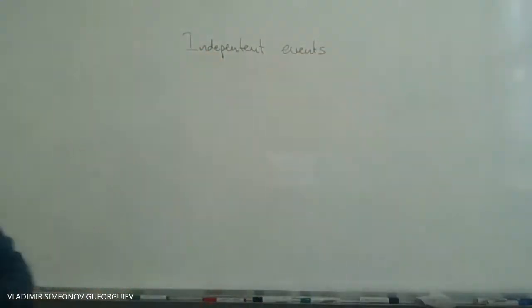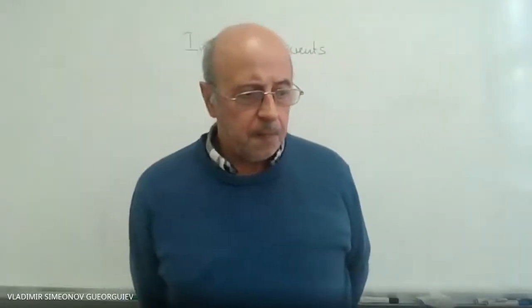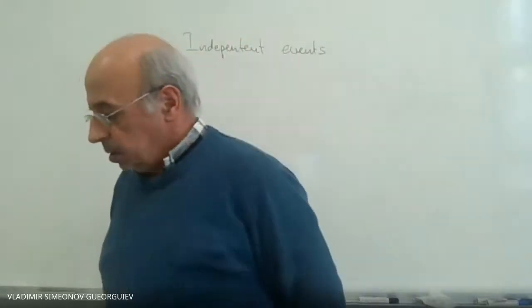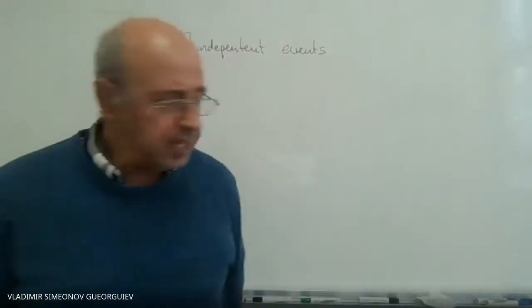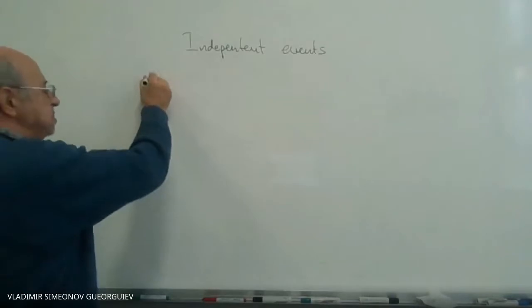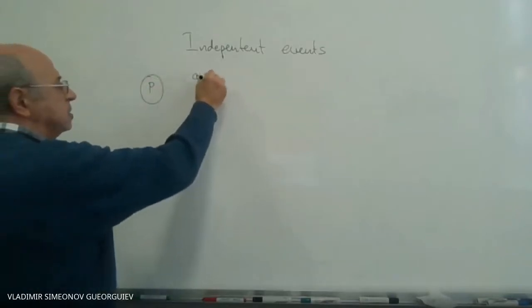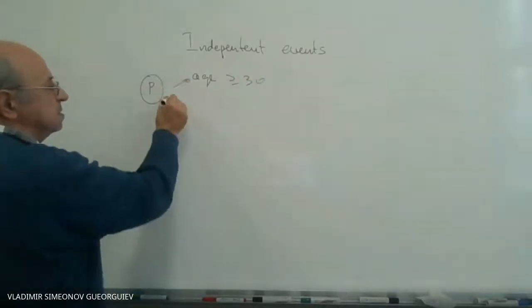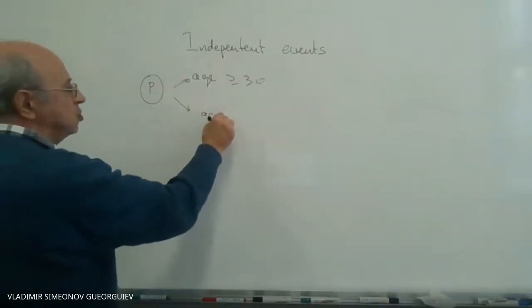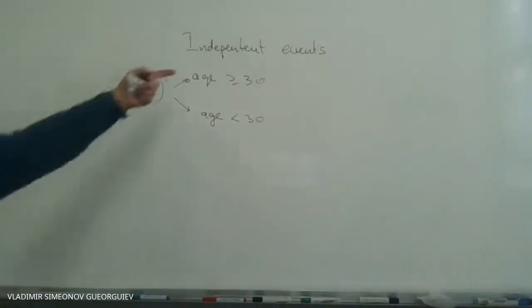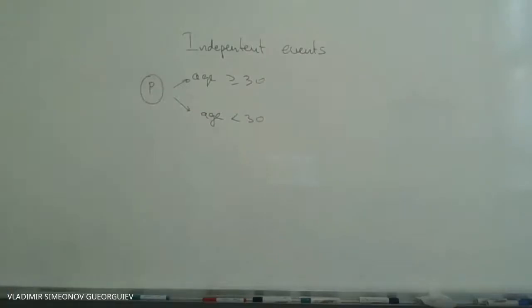So, to have some example, you can say that one event is that a fixed person P has age above 30. This is one event. The other possibility, age smaller than 30. And we have 2 events.